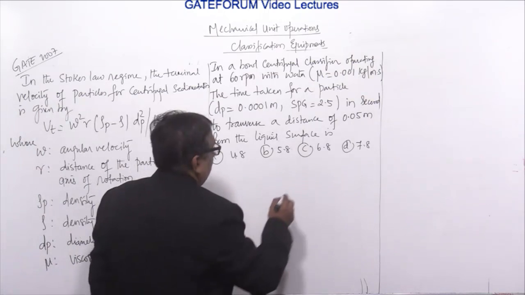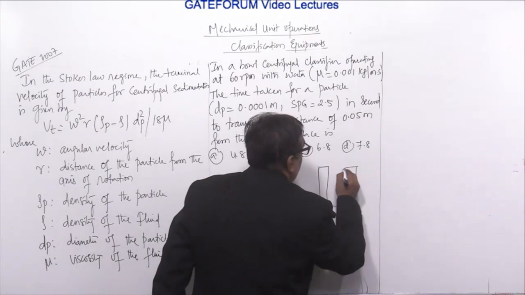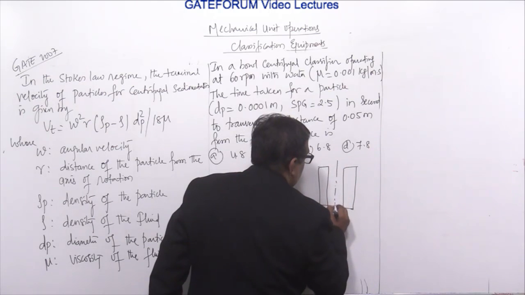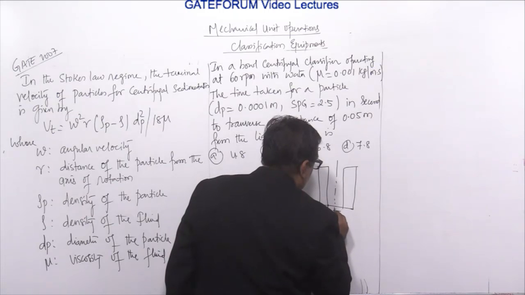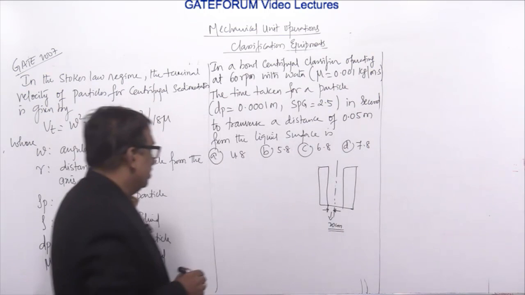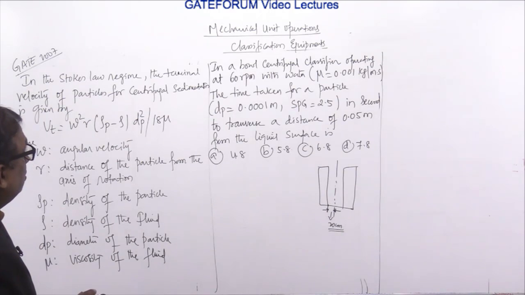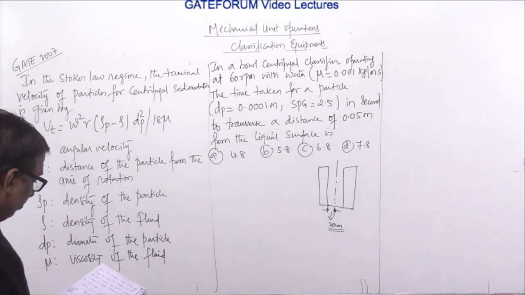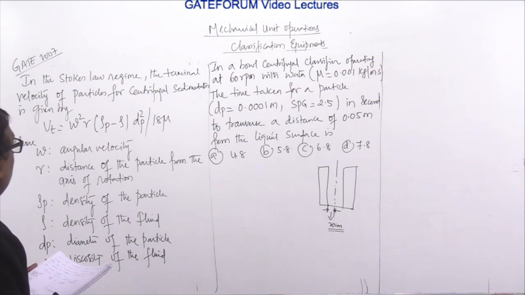So if you just draw the bowl centrifuge here, this is your axis, okay, and from the axis it is 20 centimeters. Is it right? Okay, he has given the picture also.